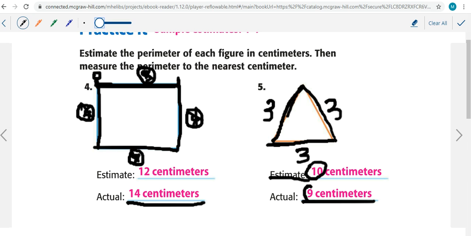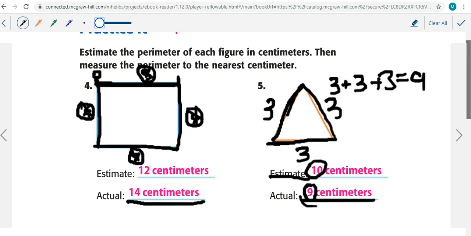How did they get this? You might ask yourself. Well, I am telling you guys that perimeter is all of the measurement around the figure. So to find it, you need to add 3 plus 3 plus 3 is equal to 9. This is where this number is coming from, number 9, okay?